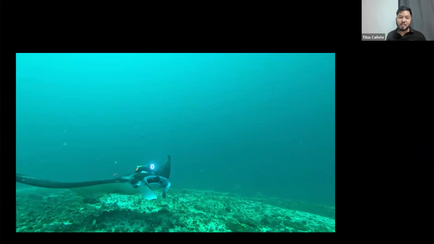And this is basically a camera that you attach to a manta to see the perspective from the eyes of the manta. So it's something that attaches to the back, and after a certain amount of time, it detaches so we can look at the footage. So this technology actually has some sensors here to also look at the depth and the temperature of which the manta is diving.